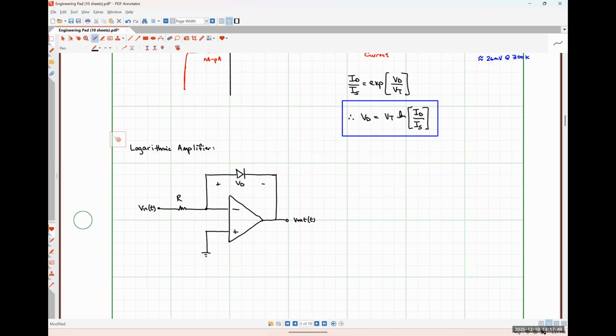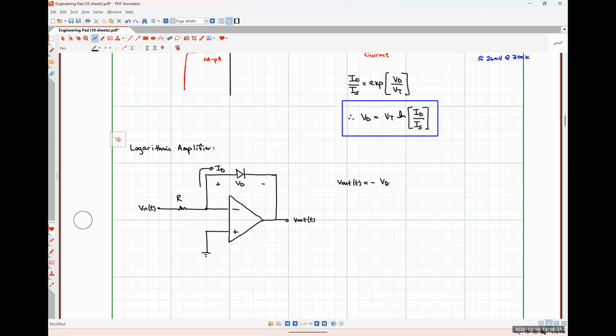All right, so this is our logarithmic amplifier circuit. And I'm going to just go ahead and denote here that this is our diode current ID, like so. Okay. So in this particular circuit, I think we can all pretty easily see that the output voltage of this circuit, Vout as a function of time, is just going to be negative VD.